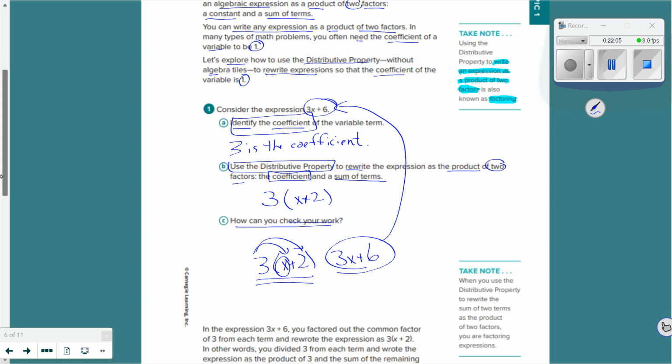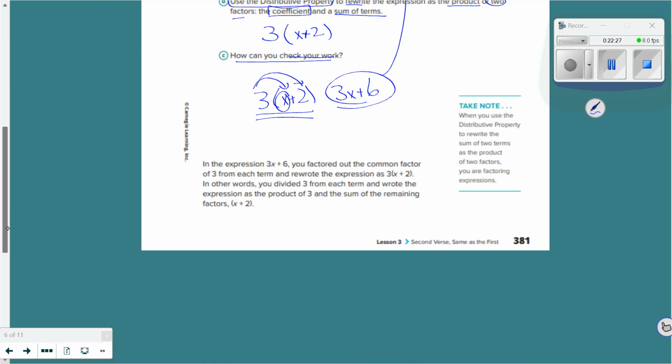What value of x would get me 0? What's the opposite of adding 2? Subtracting. So negative 2 plus 2 would be 0. That's where this expression would cross the x-axis, that's when y is 0.